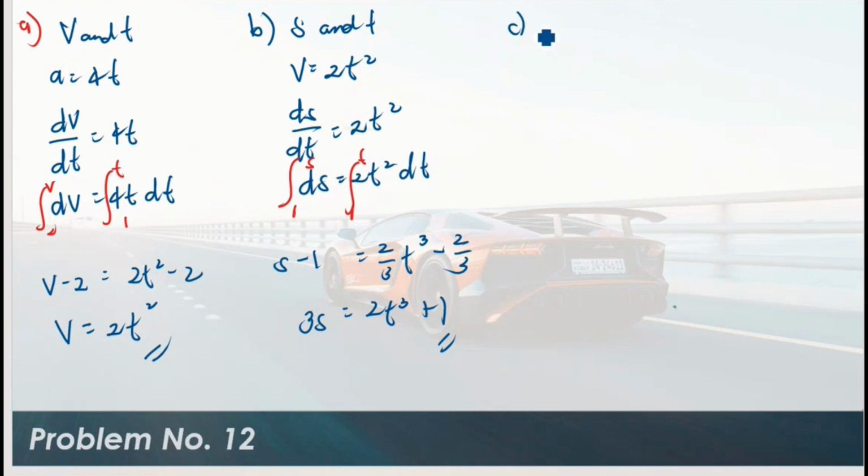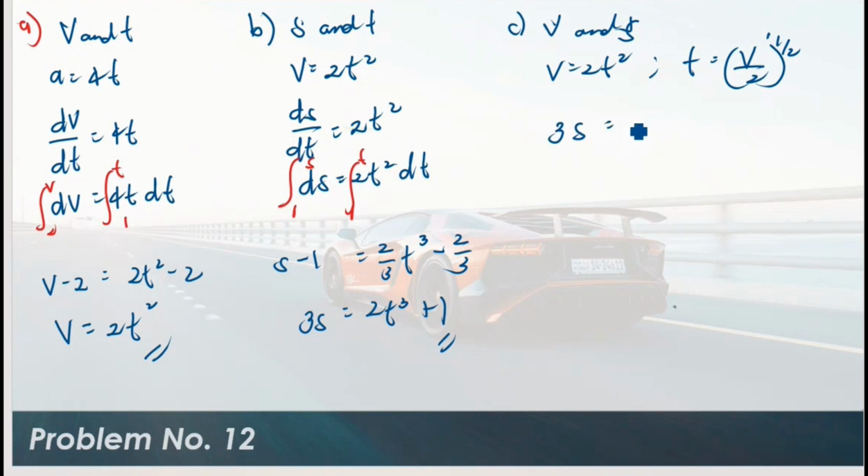And last is the relationship between V and S. So from the first relationship, V is equal to 2t squared, we could define time in terms of the velocity, that is t equals V over 2 raised to 1/2. And then substitute it to the second relationship, 3s equals 2t cubed plus 1.